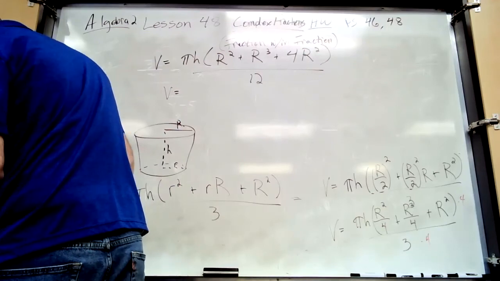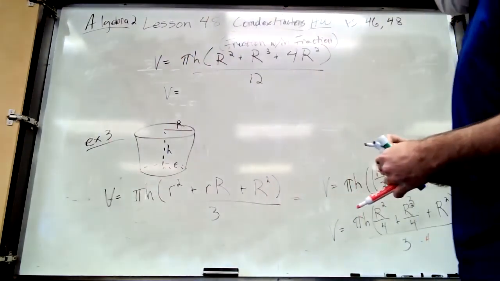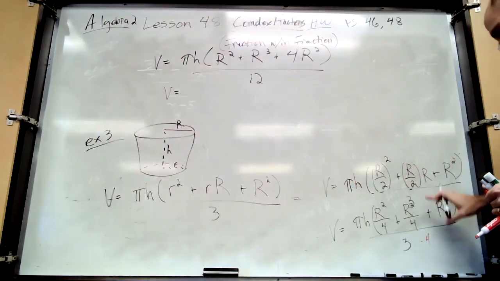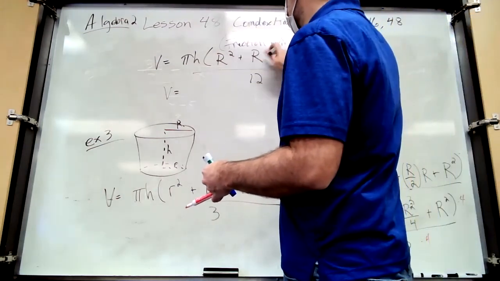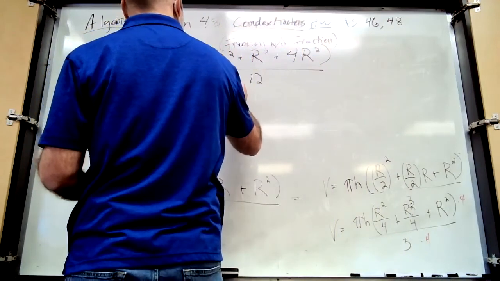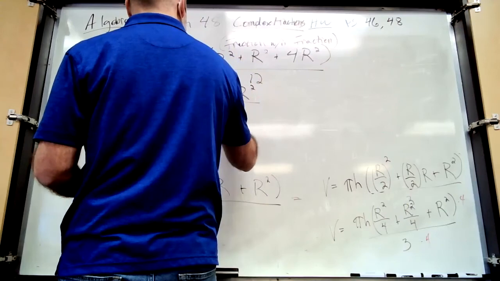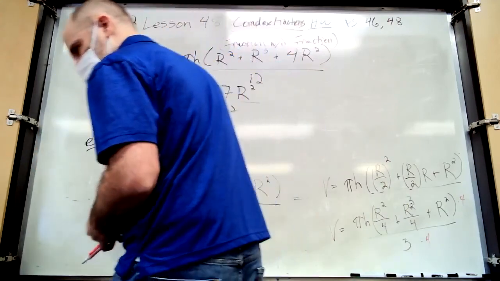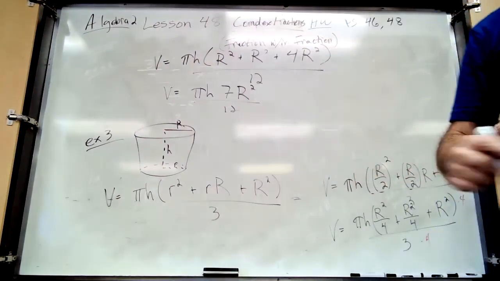Oh wait, where did that come from? Sorry. This is not a squared. So these are all like terms. So then I get pi h times 7 R squared all over 12. So that's the simplified version of it.